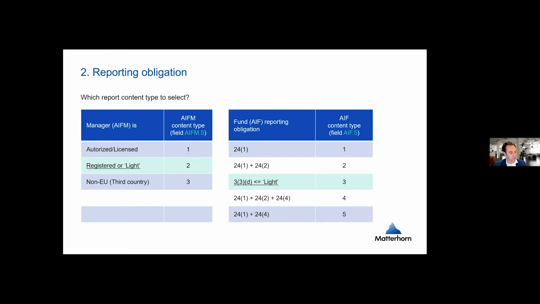And there you can either be an authorized, registered, or a third country fund manager. And there's also the reporting obligation for the fund. And you have these 5 categories. And here again is the light category. In the template that we provide, we by default set these up for a light fund, so that it caters for most of our clients.